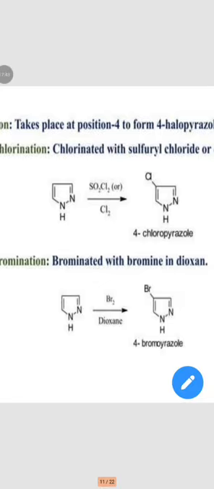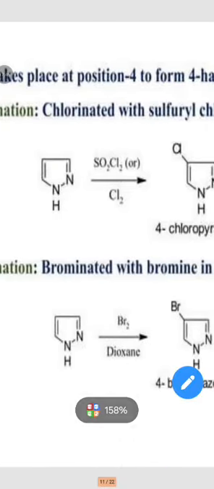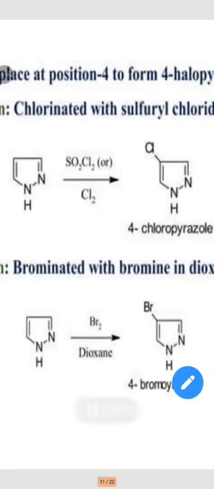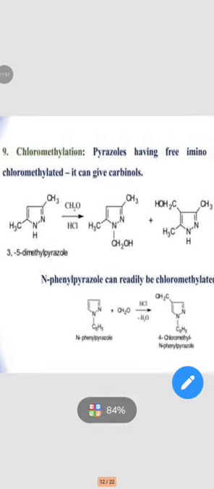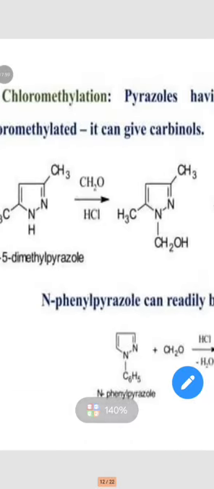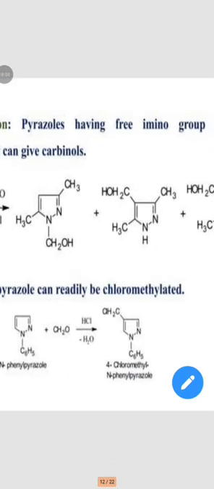The next one is bromination. Pyrazole is brominated with bromine in the presence of dioxane, and 4-bromopyrazole is obtained. Next reaction is chloromethylation.